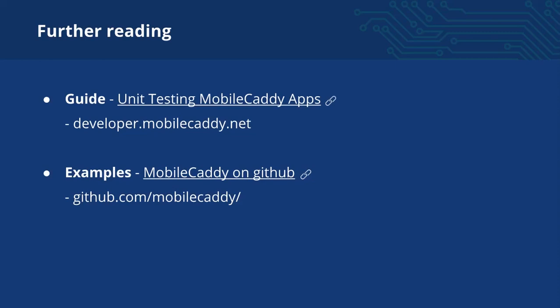So try and keep your controllers very logic light and push logic into your services. The MobileCaddy API can be mocked, as should everything else. You want to make sure that your unit tests are nicely scoped, testing only what's in them and stretching the code within there. And by doing this, hopefully you'll be identifying errors much quicker and not getting those bugs out into live.